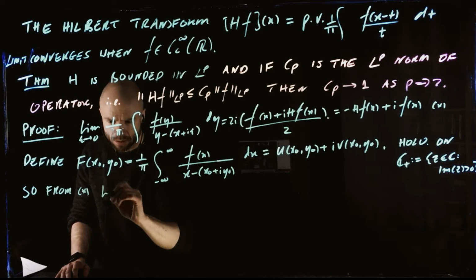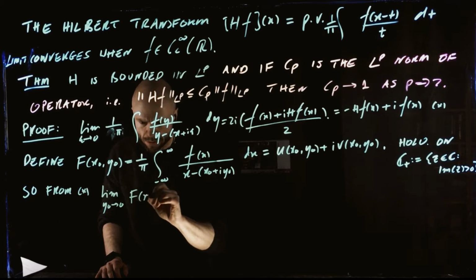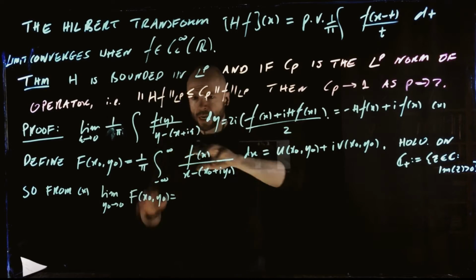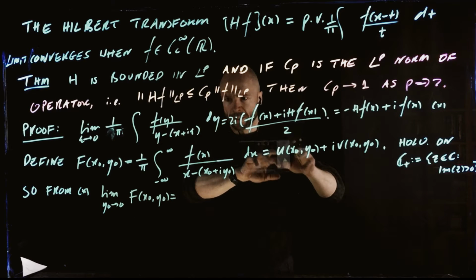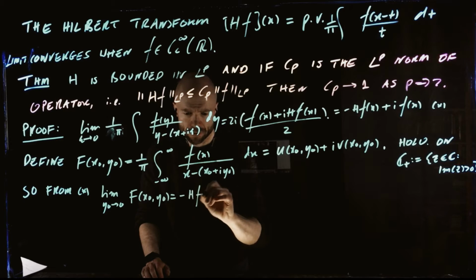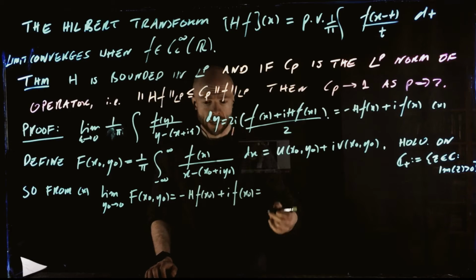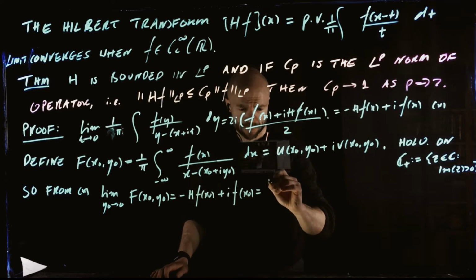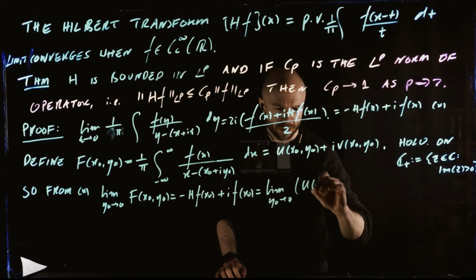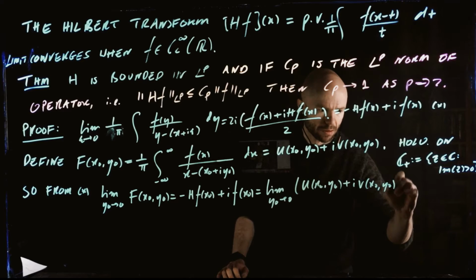we have that the limit as y0 tends towards 0 of this function f of x0, y0 will be just exactly this thing right here, right? So it'll be minus H of f of x0 plus i f of x0. And that's also the limit as y0 goes towards 0 of these two guys, u of x0, y0 plus i v of x0, y0, right?